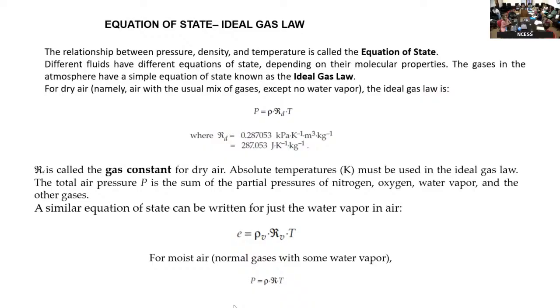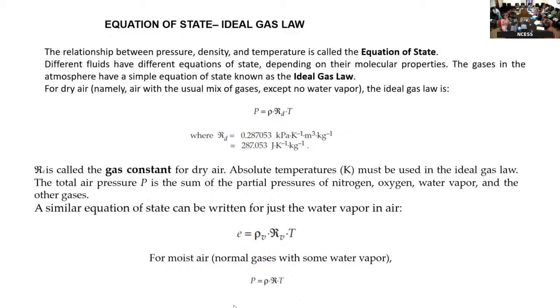Next, we know the equation of state, or the ideal gas law. We understand the atmospheric parameters from the ideal situation, because the atmosphere is a gas, so the basic governing thermodynamic equation we consider is the ideal gas law.